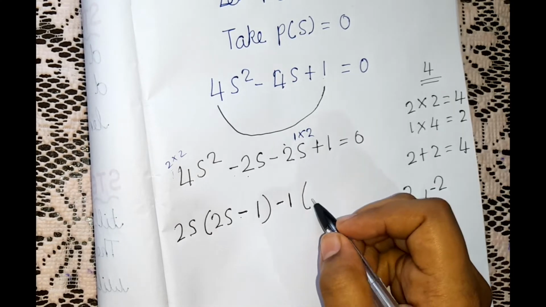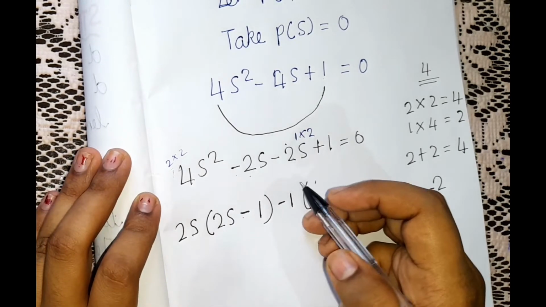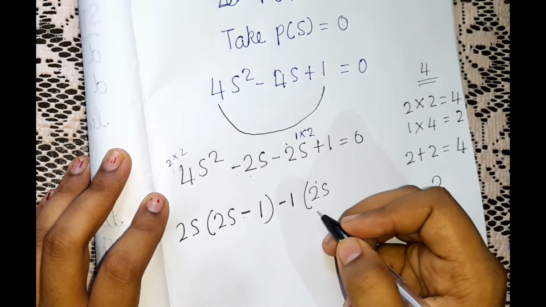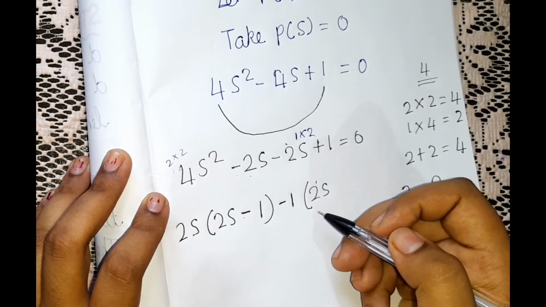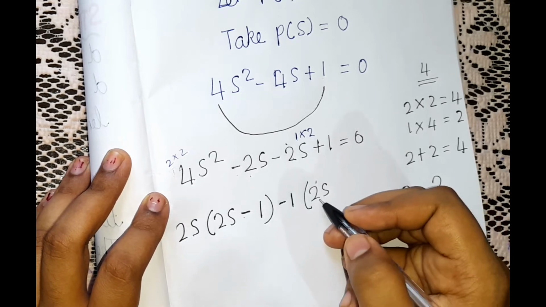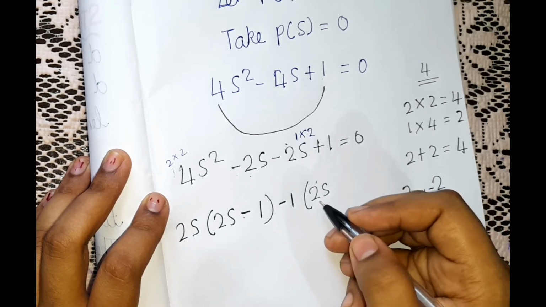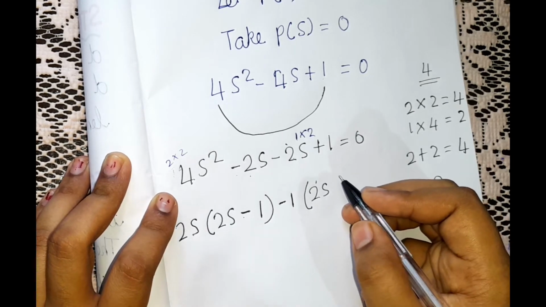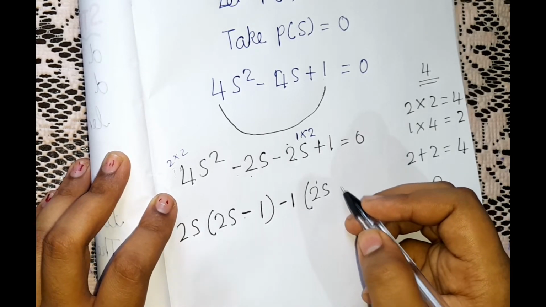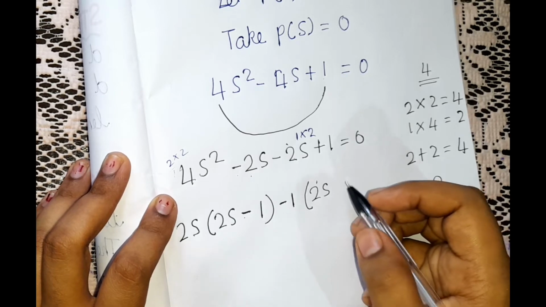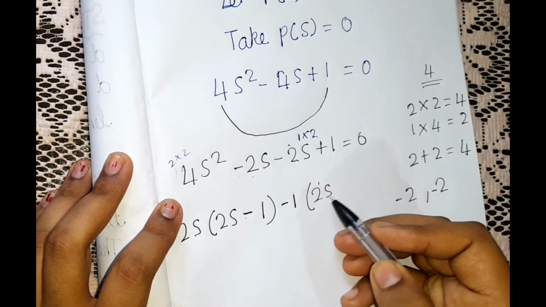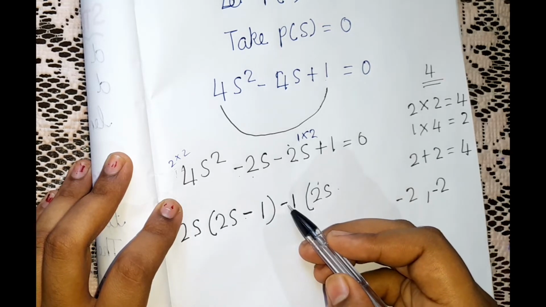So when we multiply, we should get 2s. Okay, so 1 into 2s is minus 2s, am I right? So I wrote 2s inside. Why? Because minus 1 into 2s is minus 2s, and then we have plus. So in case you write plus 1 right over here, then plus into minus is minus.